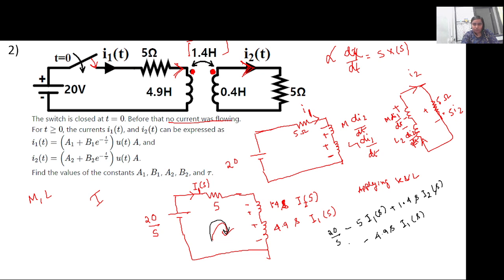Yes, ma'am. We'll write this as equation 1.